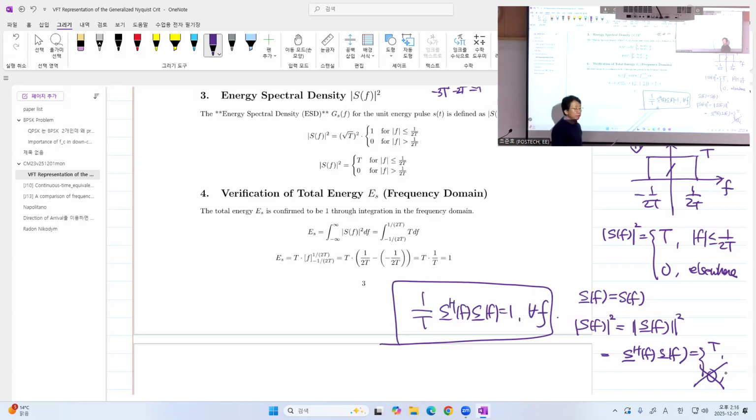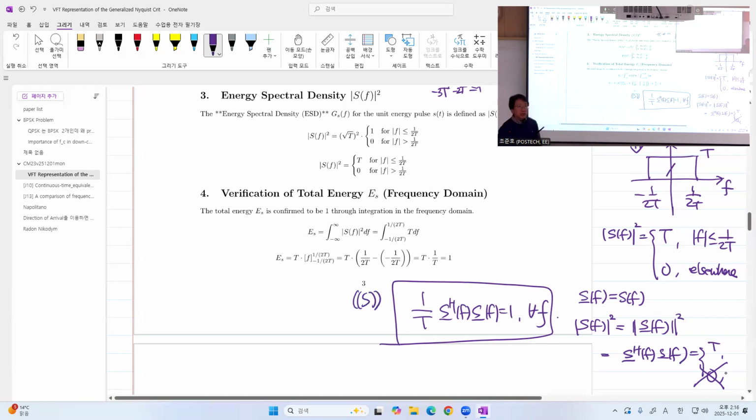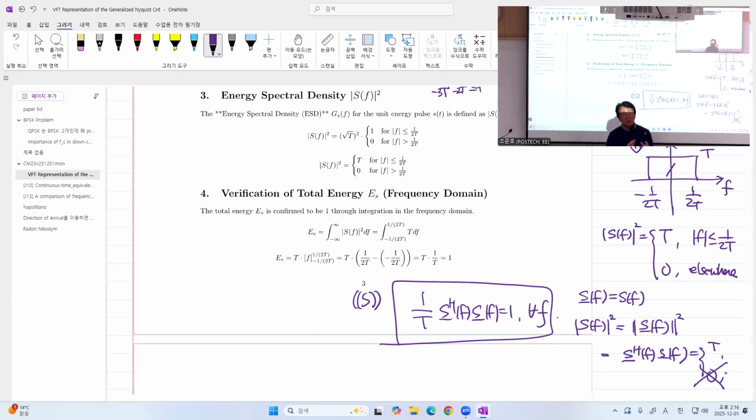So I prefer using 1 over T here, and we are going to follow this in many cases. Even though this is a very special case, whenever you have some confusion, it's very nice to have a very concrete example, which you will never forget. That's why I provide you this rectangular pulse case in the frequency domain.